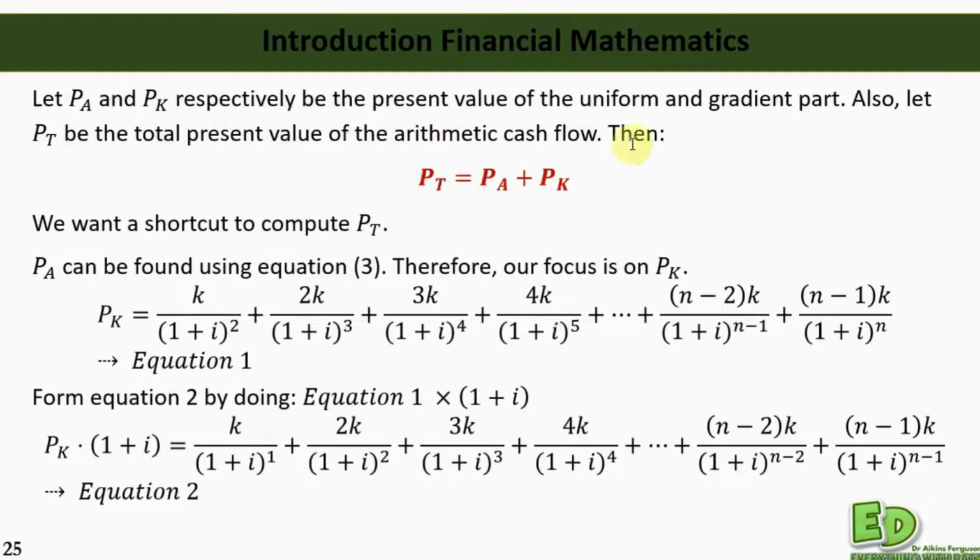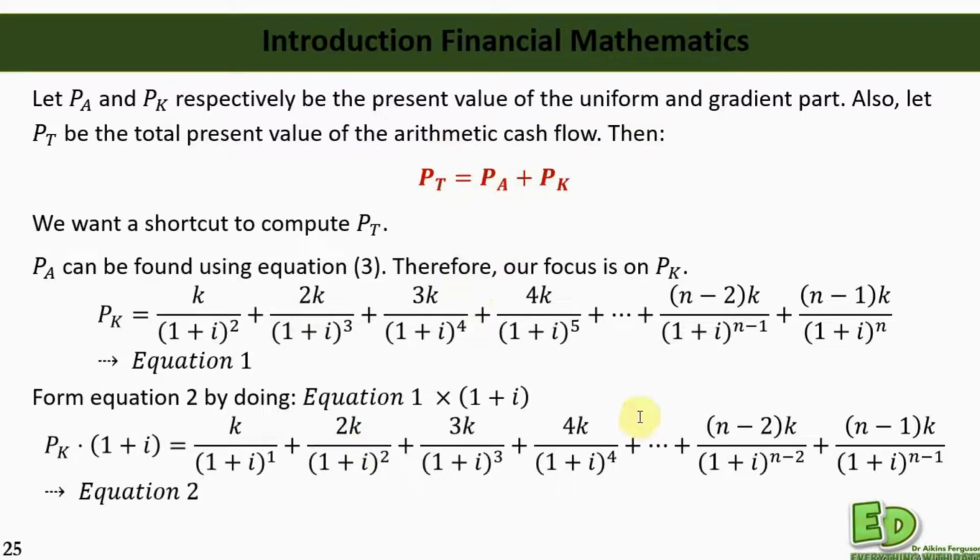So to find the total present value, you need the present value of a uniform cash flow plus the present value of the increment, right? So you find the two, you add them. We already know the present value of a uniform cash flow. So we have to find the formula for the present value of that constant increment.